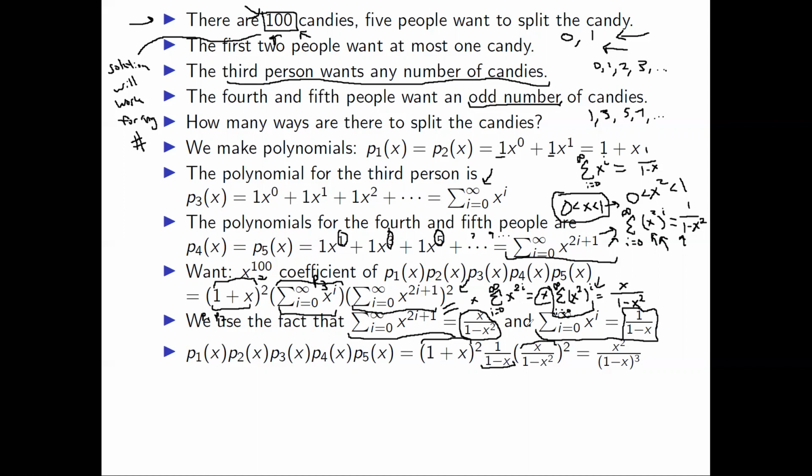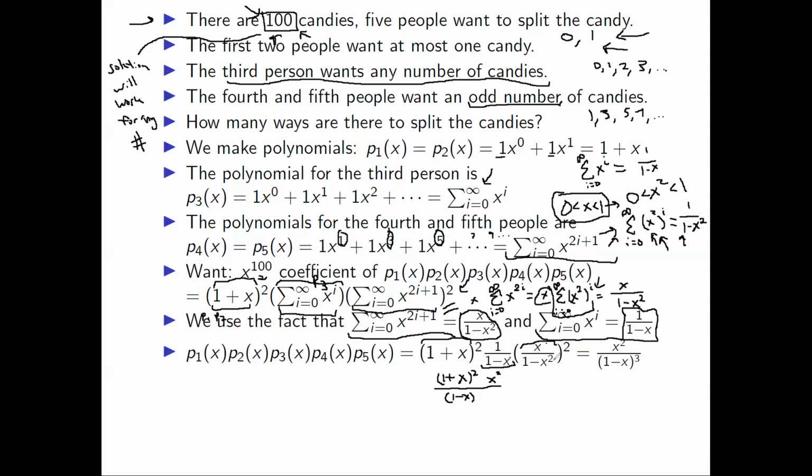And we can simplify this. So let's see how that simplifies. So we have a 1 plus x quantity squared right here. We have an x squared from over here. In the denominator, we got a 1 minus x. That's from right here.